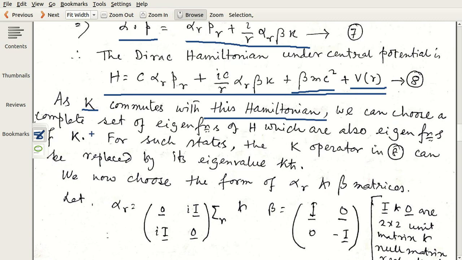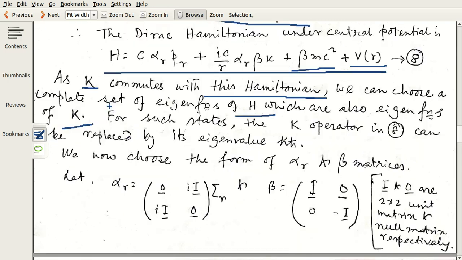Therefore, we can choose a complete set of eigenfunctions of H, satisfying the completeness conditions, which are also eigenfunctions of this K operator, because K commutes with H, so they have simultaneous eigenfunctions.